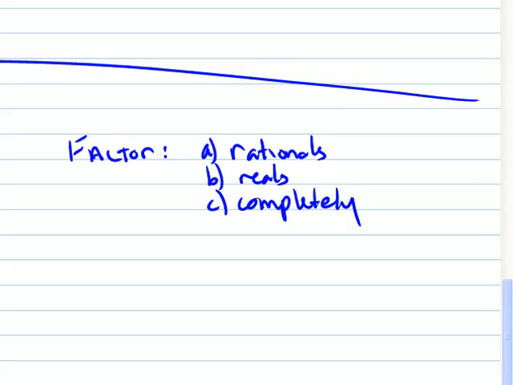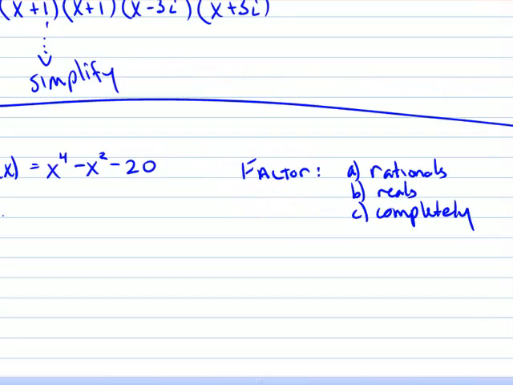You might notice we have x to the 4th minus x squared minus 20. It appears to be quadratic, and it is. We can actually factor this thing. If we break x to the 4th into x squared times x squared, now we need factors of 20 that have a difference of 1, and that would be 5 and 4.